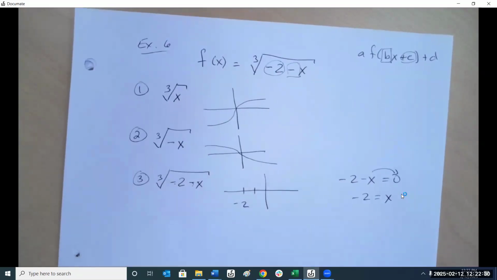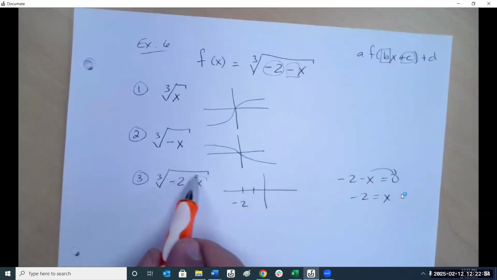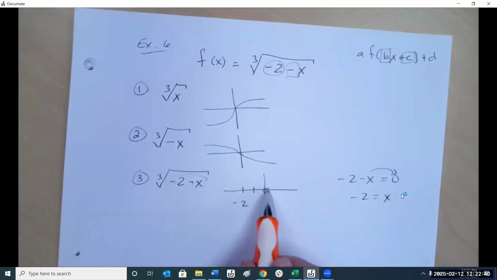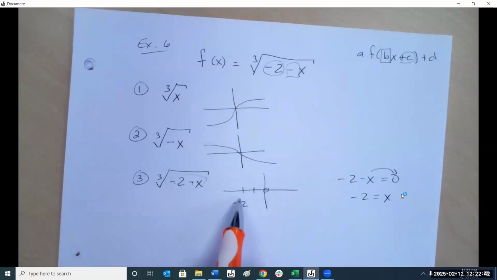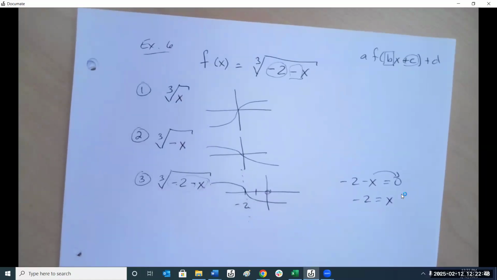So I've shifted to the right 2 spaces. In order for this to be 0, X has to be -2. In order to get it back to the origin, I need X to be -2. So there's my new origin. That's that graph.